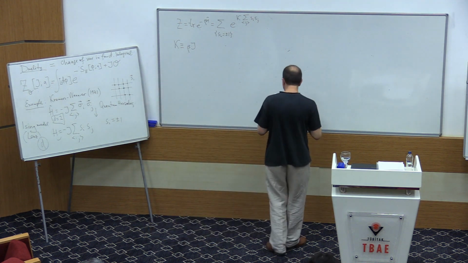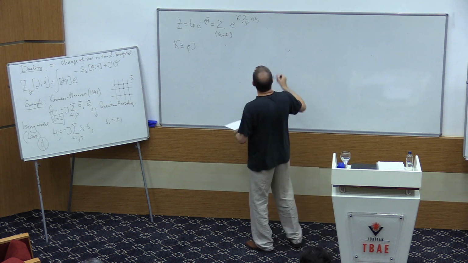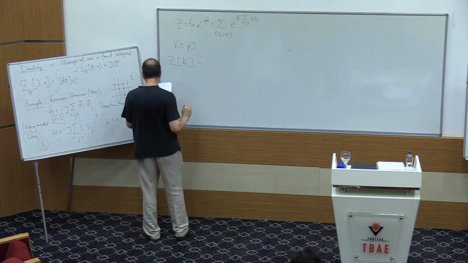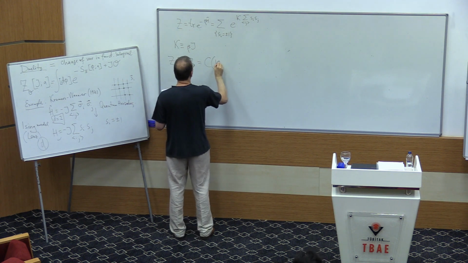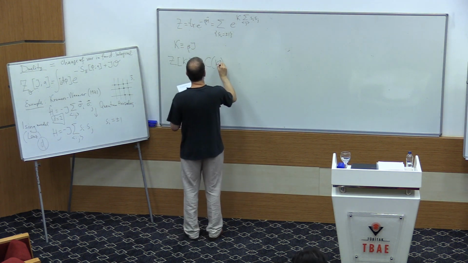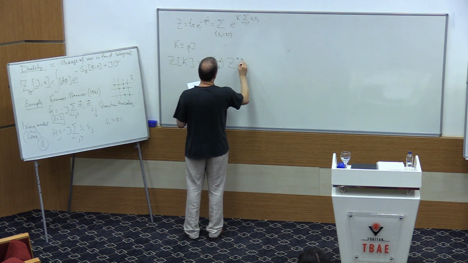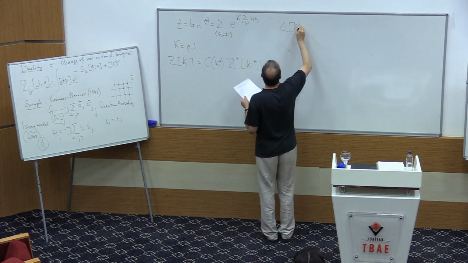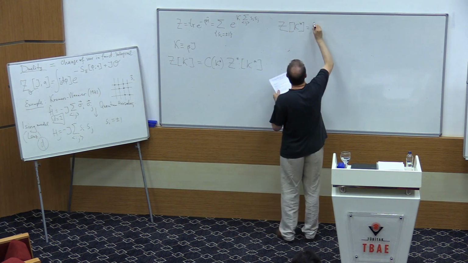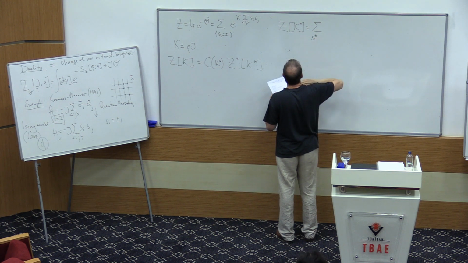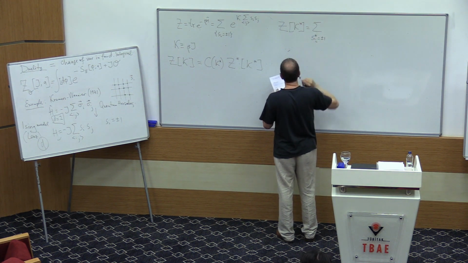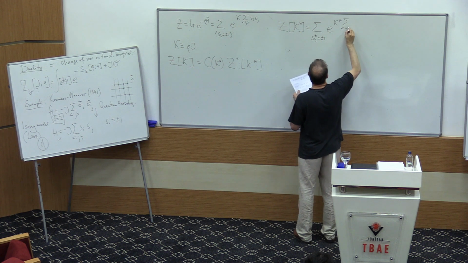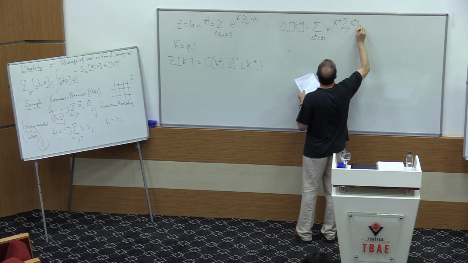So what Kramers and Wannier managed to do is they rewrote Z of K. They managed to change variables explicitly in this model and rewrite it in the form of C of K star times Z star of K star, where Z star of K star is the sum over other variables, let me call them S star i, also taking values plus or minus 1, of e to the K star times the sum over nearest neighbors of S star i S star j.